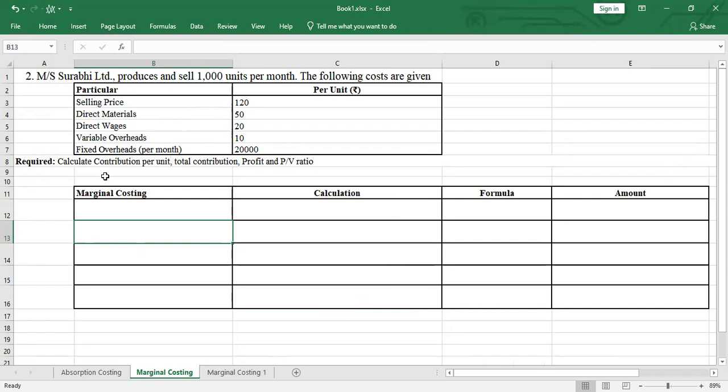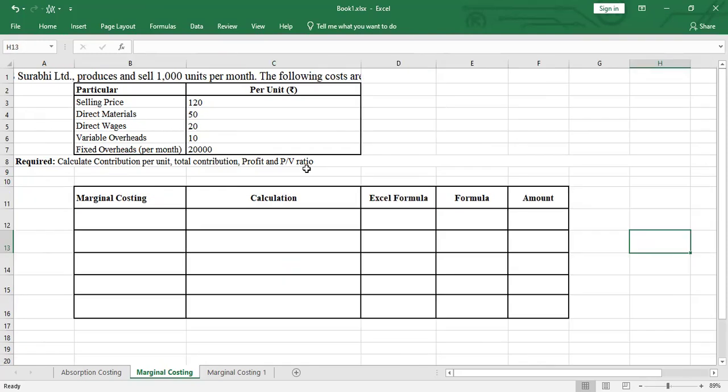With the help of this information, we have to ascertain contribution per unit, total contribution, profit as well as PV ratio. The formula for ascertaining contribution is selling price minus variable cost. As the question has not given a variable cost amount, we have to ascertain variable cost initially.